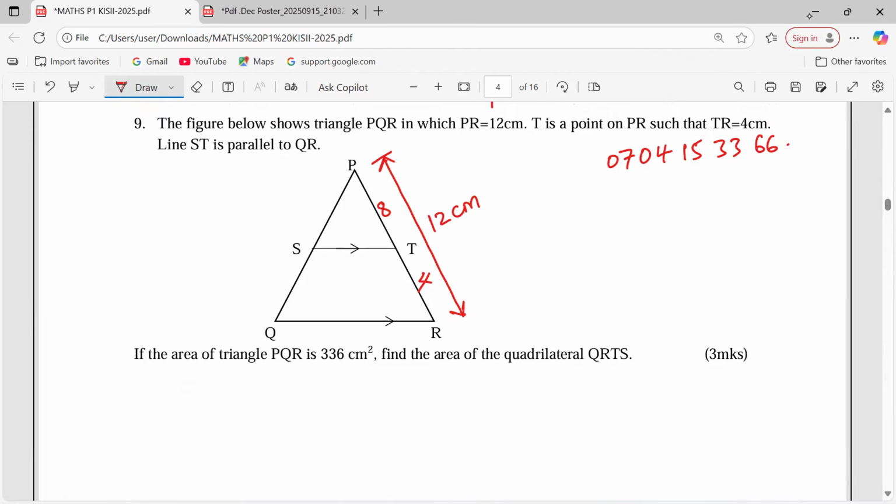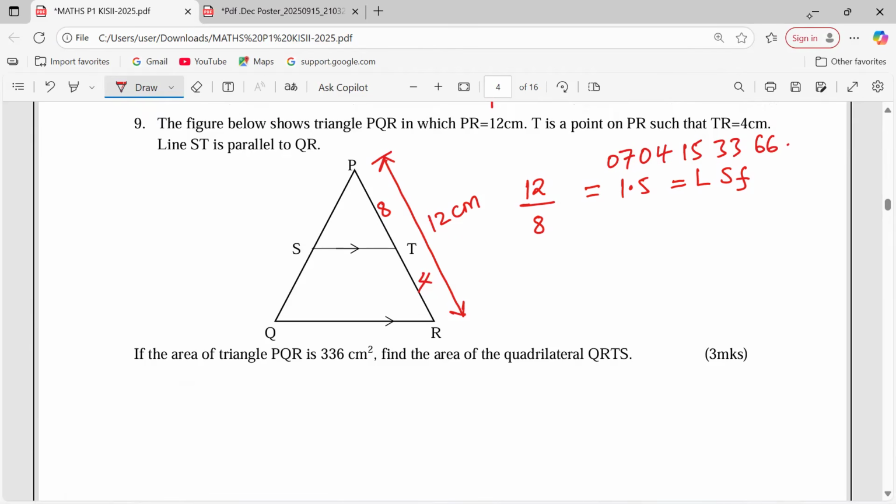So if we apply similarities and enlargements, we can say the slanting edge of the bigger triangle over the slanting edge of the smaller triangle is equal to 12 over 8. This gives us 1.5, the linear scale factor.